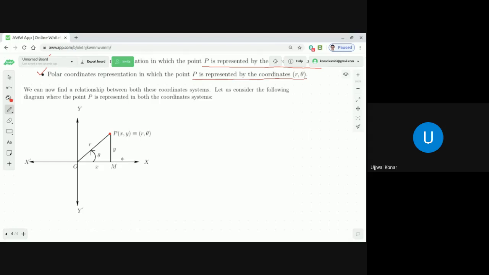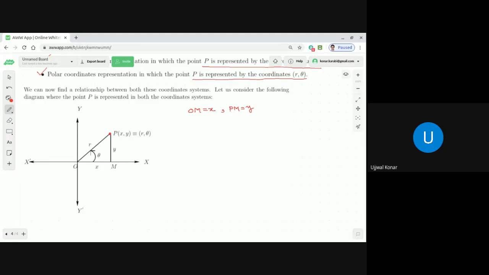So we are pretty sure that OM is equal to x and PM is equal to y. Let me write it down: OM is x and PM is equal to y.